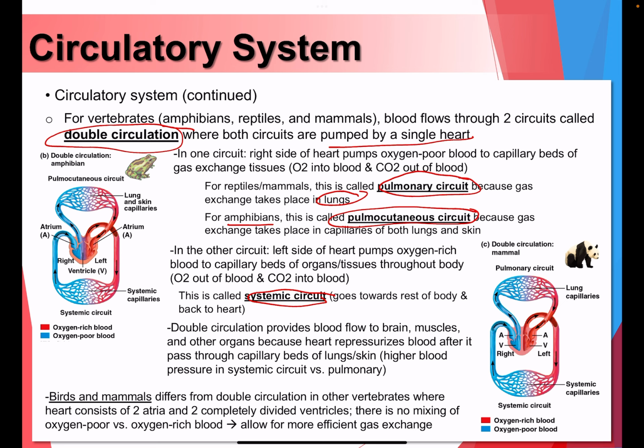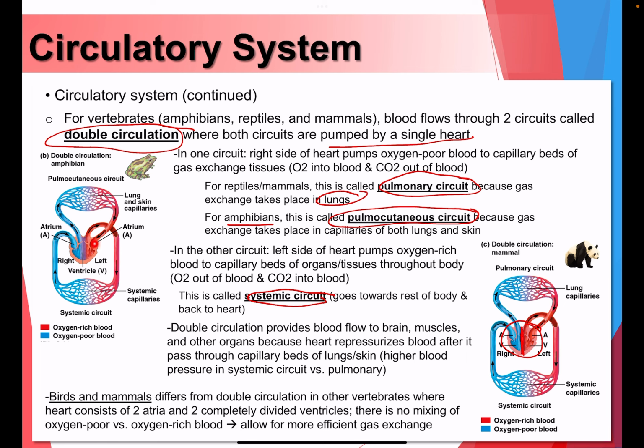All right, so birds and mammals have one further difference between amphibians and reptiles. Birds and mammals are special ones where they differ a little bit. Their hearts have a complete division between the right and the left side.